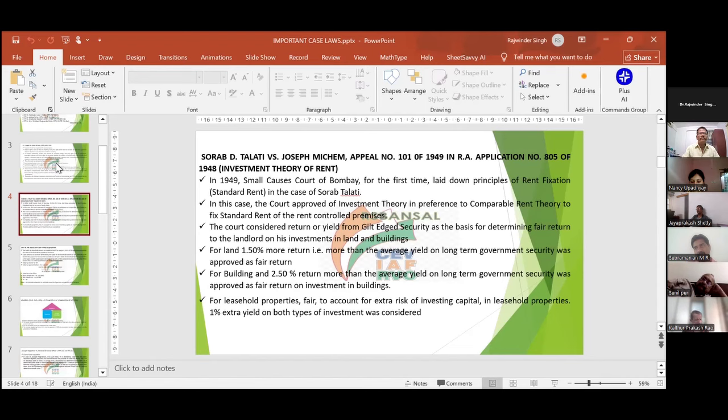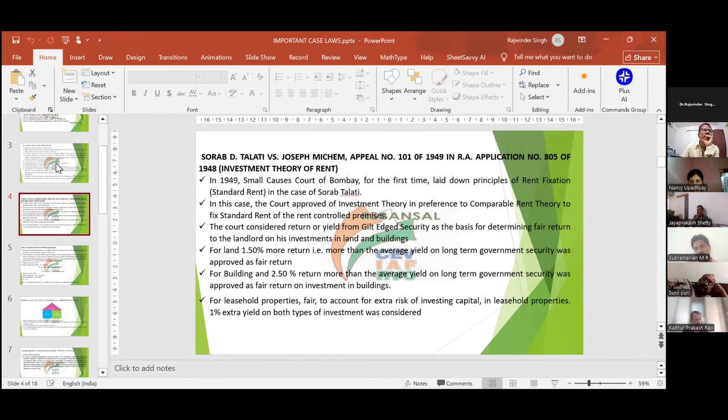Gilt as securities are those securities, those government bonds, in which you are sure to get at least the return mentioned in the bonds. Let us suppose a government bond says that it will give you 6% return, it means you are sure to get that 6% return. That is gilt as security.